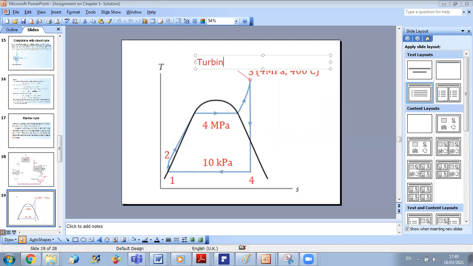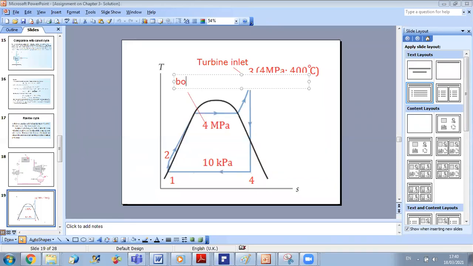And always in these cycles, in the boiler and condenser, I have constant pressure, okay? So 4 megapascal represents the pressure in the boiler. Whenever I am in a heat exchanger in general, we are working at constant pressure condition.